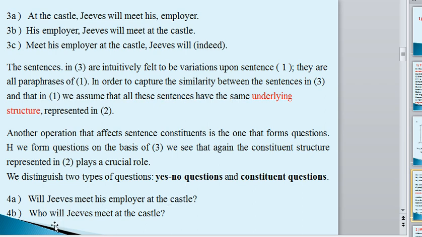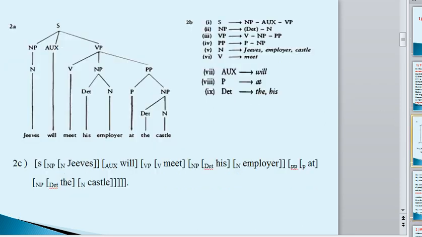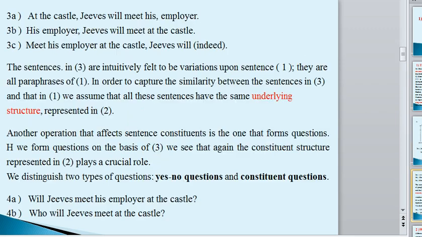And we can form another question, a constituent question: who will Jeeves meet at the castle? Again, these are paraphrases of that sentence, which we call the underlying sentence. So we have many kinds of variation of sentences based on just one sentence.